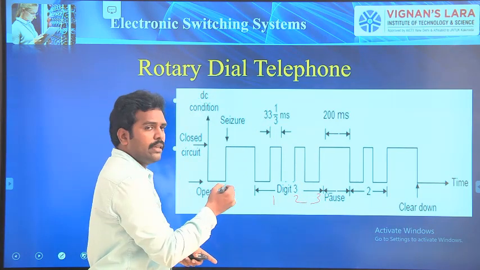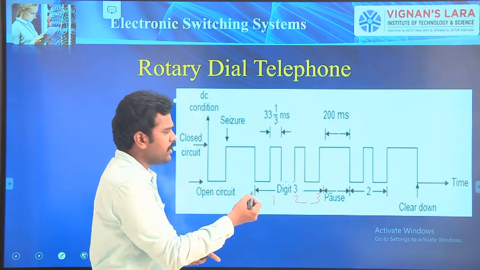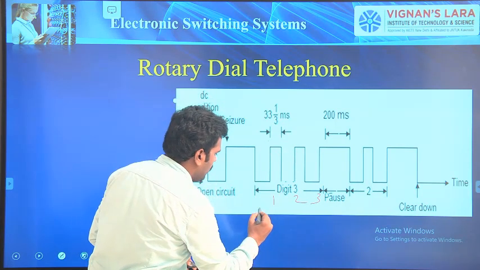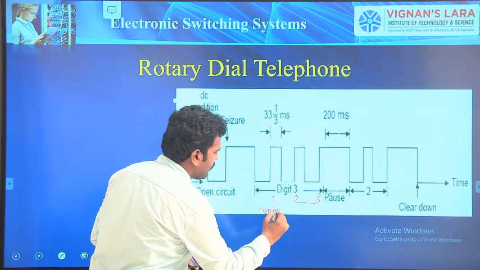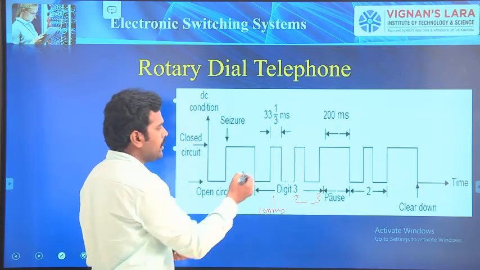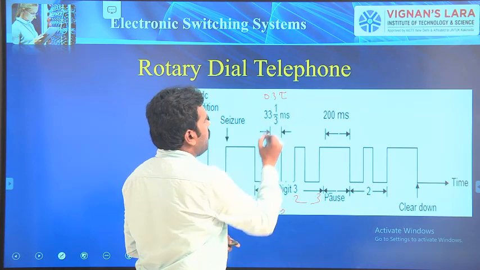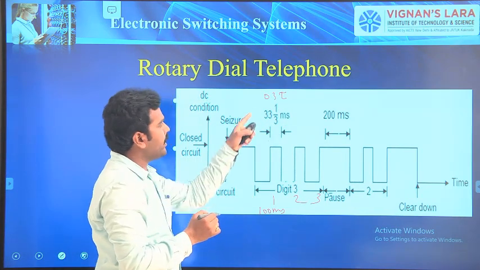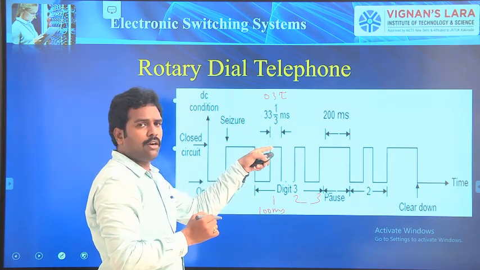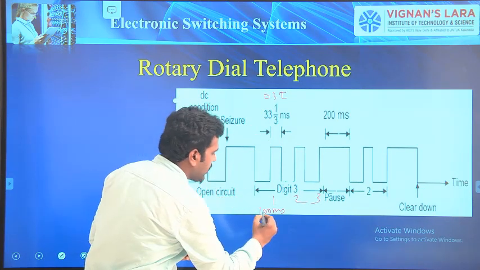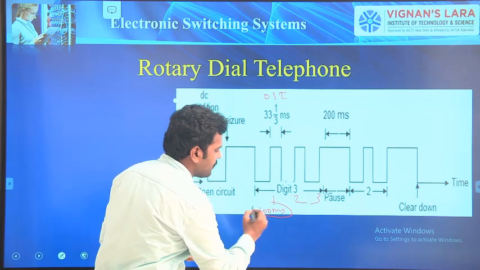The pulse width must be 100 milliseconds. In this 100 milliseconds, the duty cycle is 0.3 tau. That means for 30 milliseconds it should be turned on, and for 70 milliseconds it should be turned off, so that it generates a pulse of 100 milliseconds.